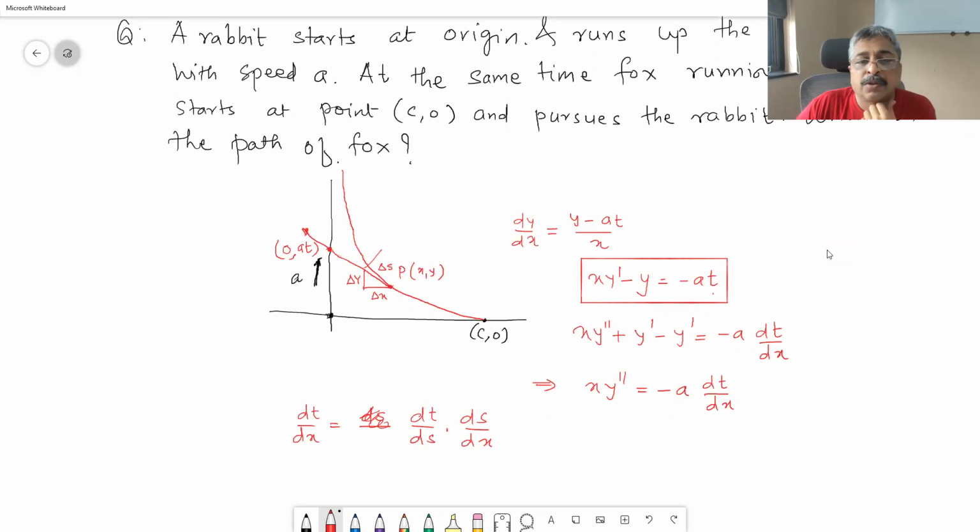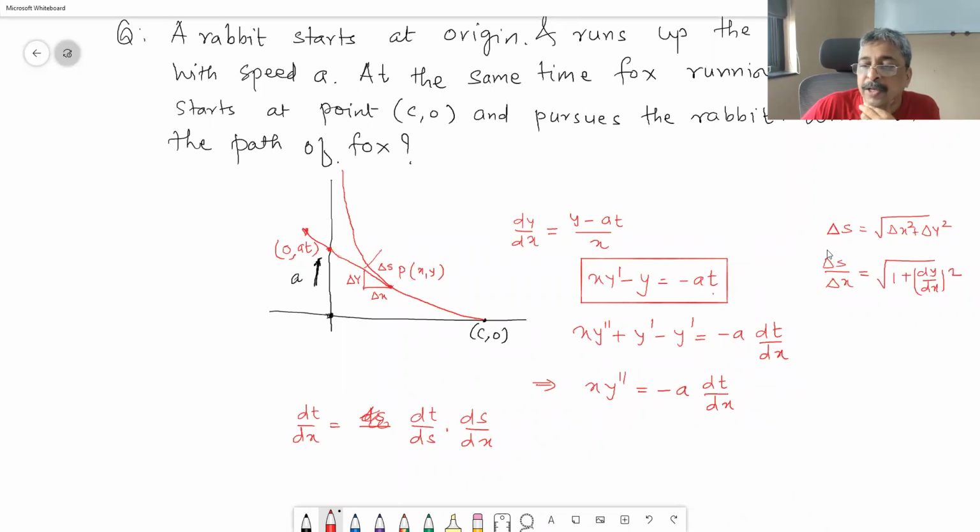So delta s is equal to radical delta x square plus delta y square. If we take out delta x common, delta s upon delta x is equal to radical 1 plus (dy by dx) square.